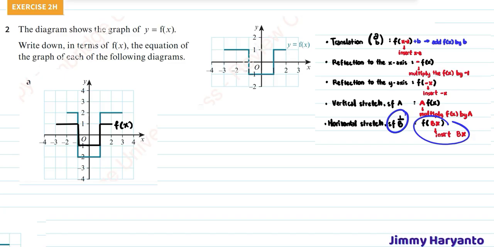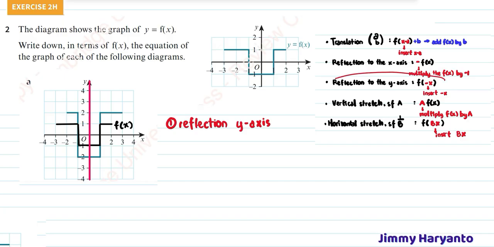That means I think it will be reflection to the y-axis first. So the first one is reflection to the y-axis. That means reflection to the y-axis is this one. You need to insert negative x into the function. So at the first we have fx.